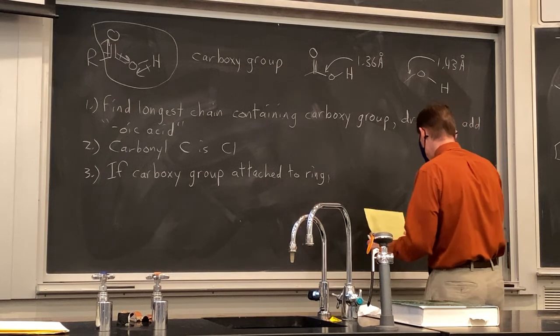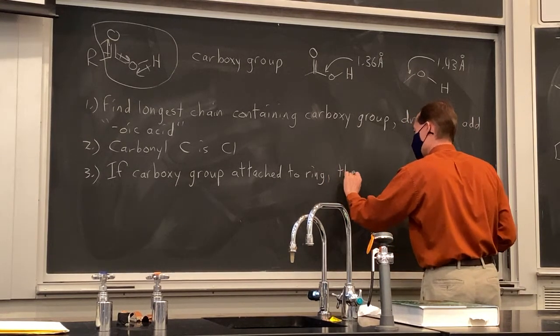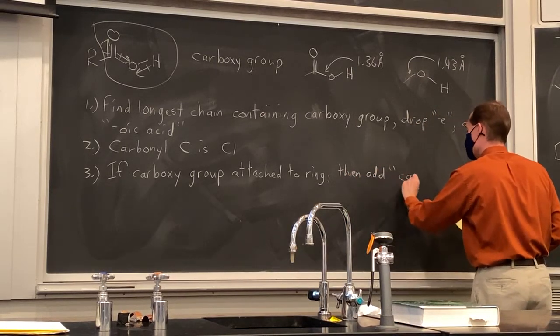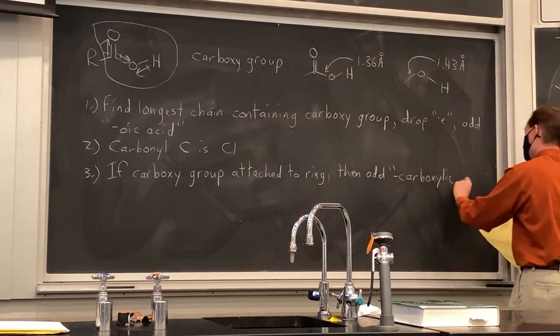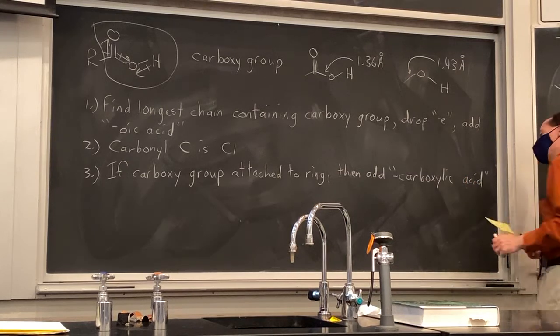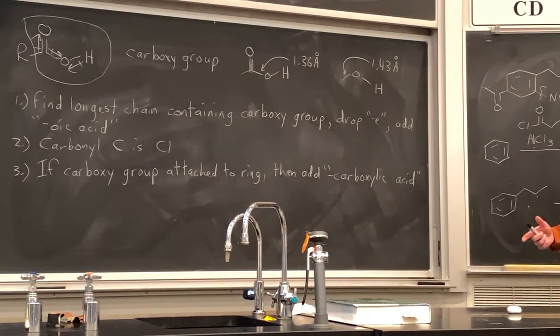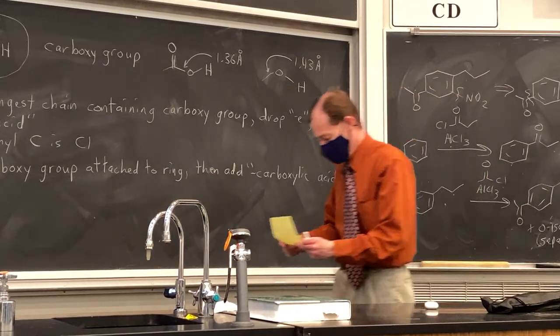So then we're going to add carboxylic acid as our suffix, okay? We're not going to drop the E. We're going to keep the E in the name because we have a consonant here at the start of our suffix, and it's going to be carboxylic acid. And as you might have imagined, C1 is going to be our point of attachment. That new group is going to be at C1 of the ring.